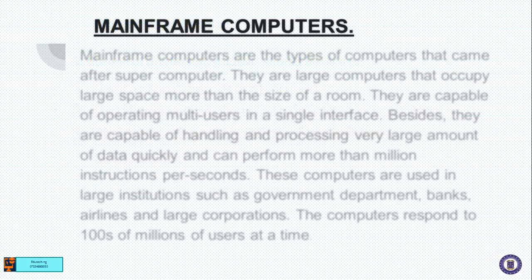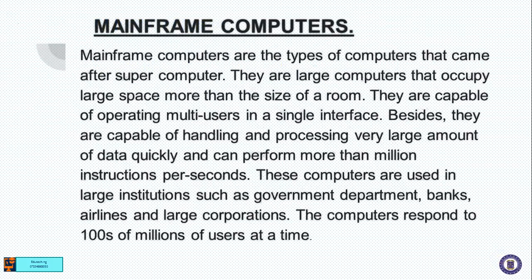Mainframe computers. Mainframe computers are the types of computers that came after supercomputer. They are large computers that occupy large space, more than the size of a room. They are capable of operating multi-user in a single interface.